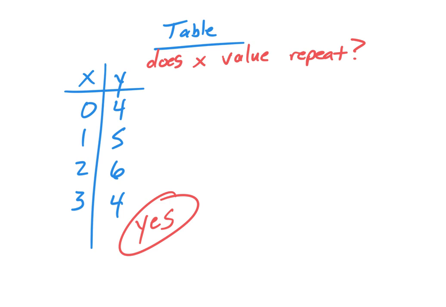If I plotted them, okay, 0, 4, 1, 5, 2, 6, and 3, 4, if I plotted those 4 points, then it would pass the vertical line test. There would not be 2 points on the same vertical line, okay? And so if you wanted to graph it, you could, but it's not necessary to graph it.